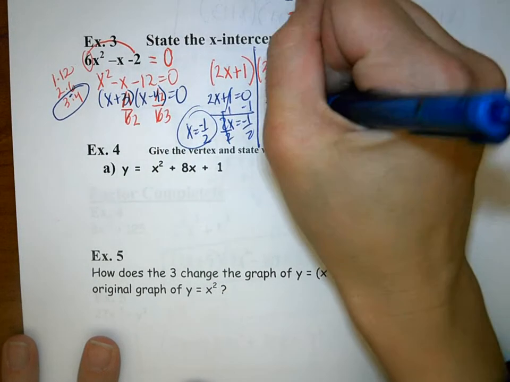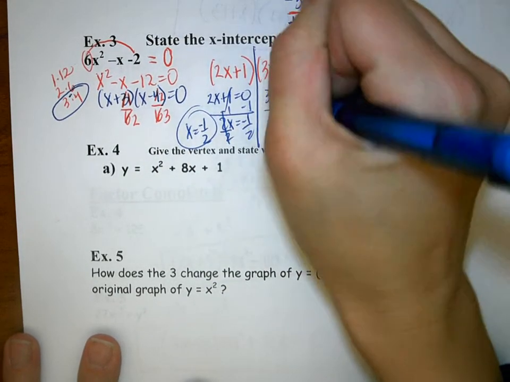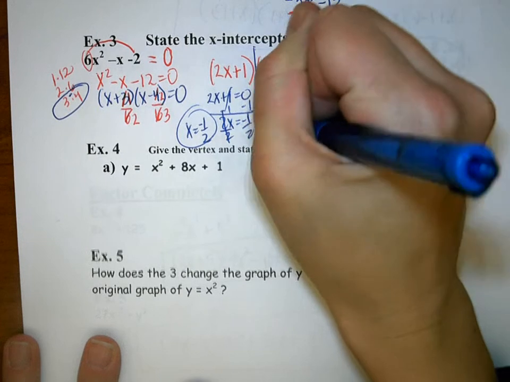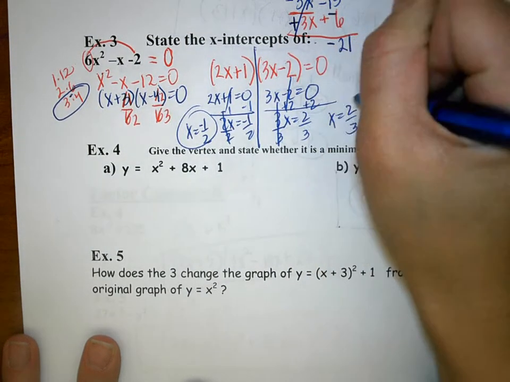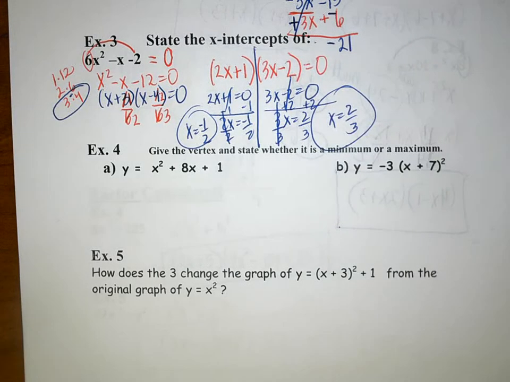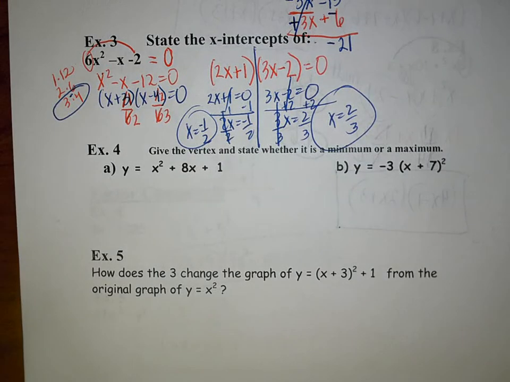Over here, I add 2 to both sides. 3x equals 2, and I divide by 3 to get x equals 2/3. And those are your two x-intercepts. Any questions?